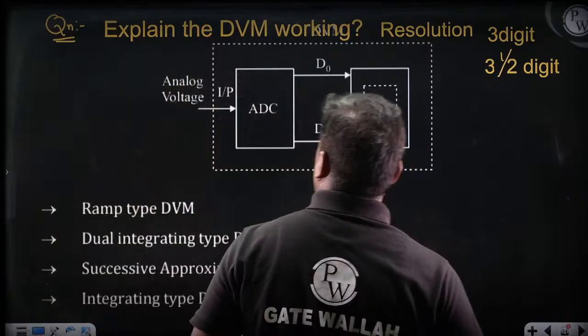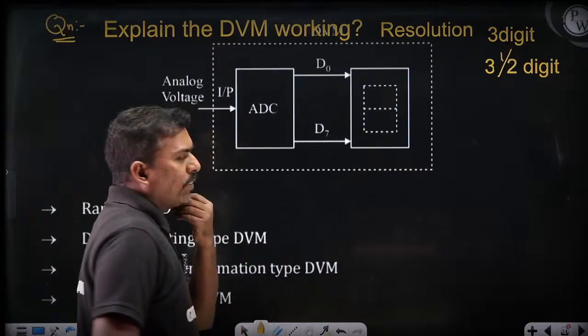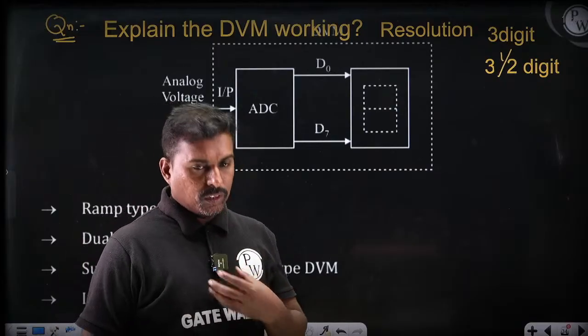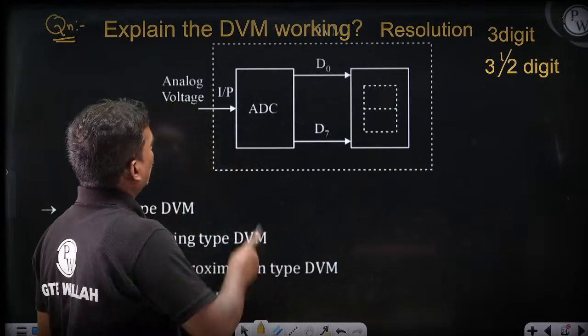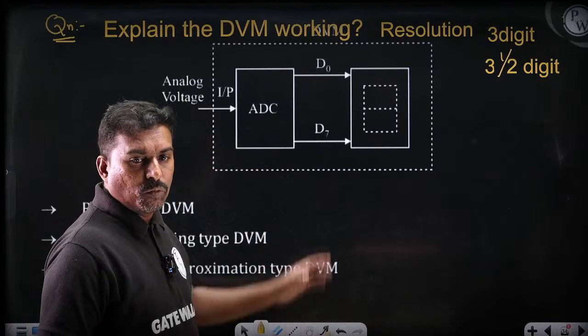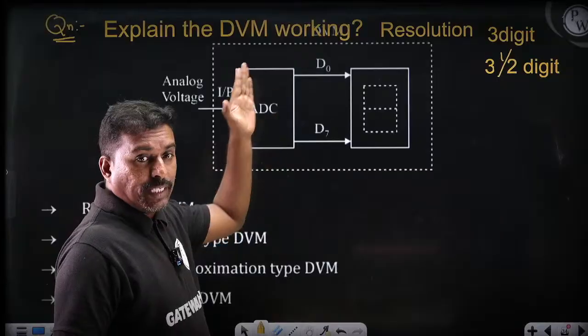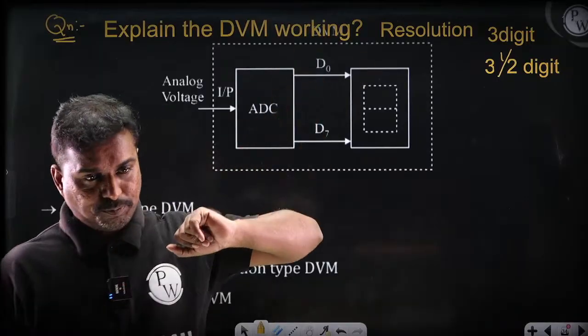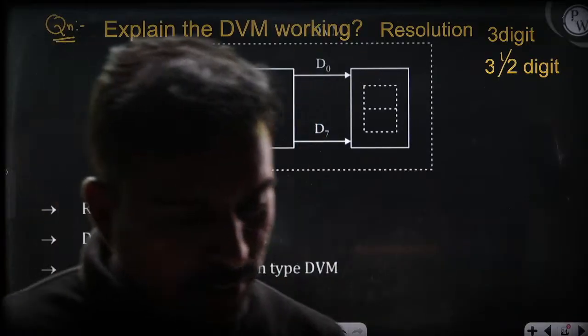Now, actually we don't have any digital voltage. So the analog voltage is going to be converted into digital, and that digital is measured by the display.